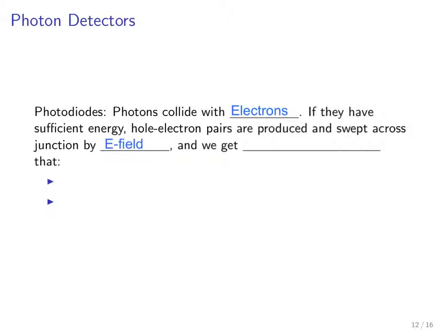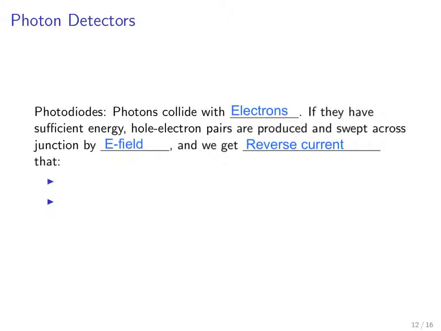It's built in, it's always there. And when they're swept across that junction, because they're moving, that creates an electric current. It turns out that it's a reverse current compared to the convention of which way current goes in the diode.